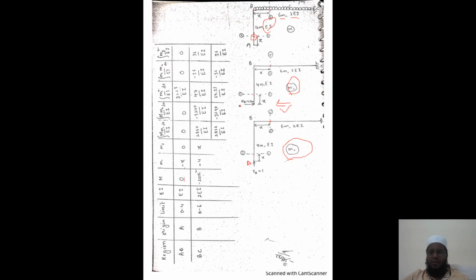Since we got these values with plus signs, our assumptions were absolutely perfect: VA assumed in the vertical direction and HA in the horizontal direction. Now after this, we'll calculate the bending moment.